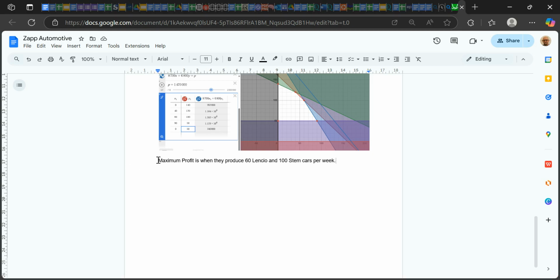You can also add here from the table above, we can see that the maximum profit is when they produce 60 Lencio, and yes, that profit is of how much? 1,202,123.